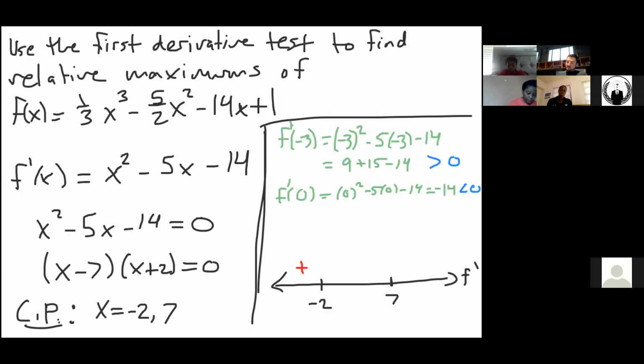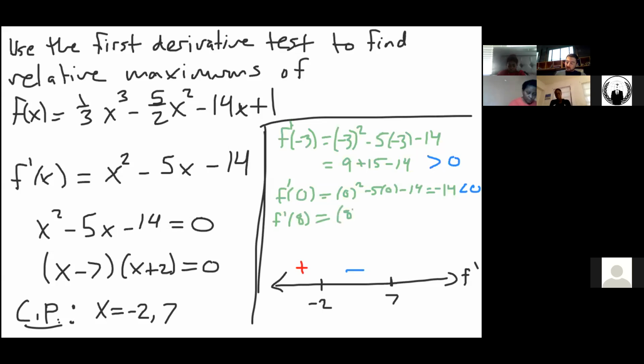Okay? So that means everywhere between -2 and 7, my values are negative. My derivatives are negative, which means now my function is decreasing. And then after 7, I got to plug in a value. I don't know, just plug in 8.